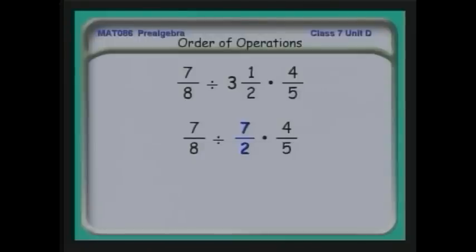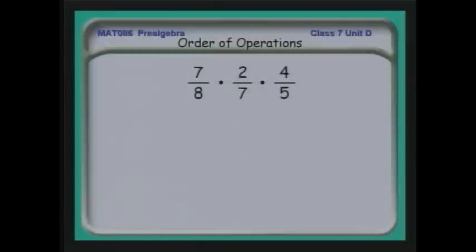Let me invert and multiply that, and that gives me, instead of divided by 7/2, I can use times the reciprocal, 2/7. I notice something right away here. I have a 7 on the top, a 7 on the bottom. Those will cancel each other out, giving me a 1 on each of those terms. You see, I can just get rid of both of those 7s.